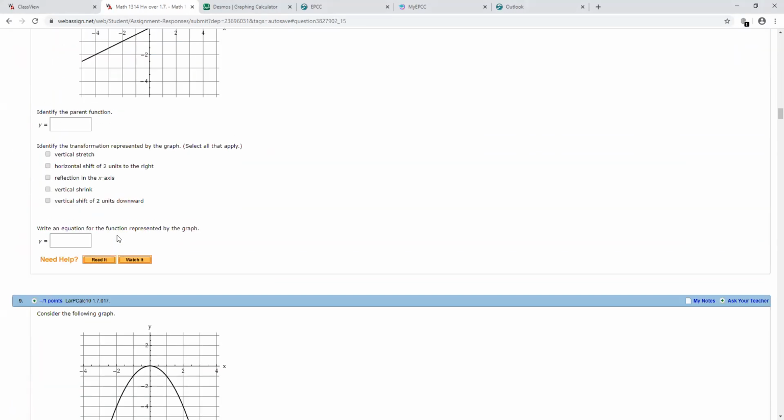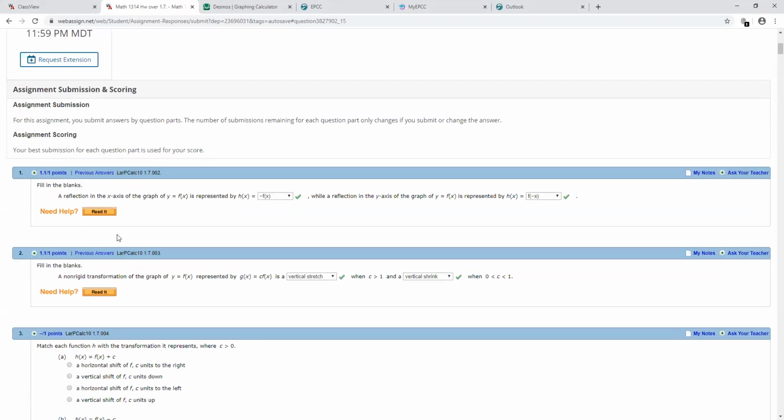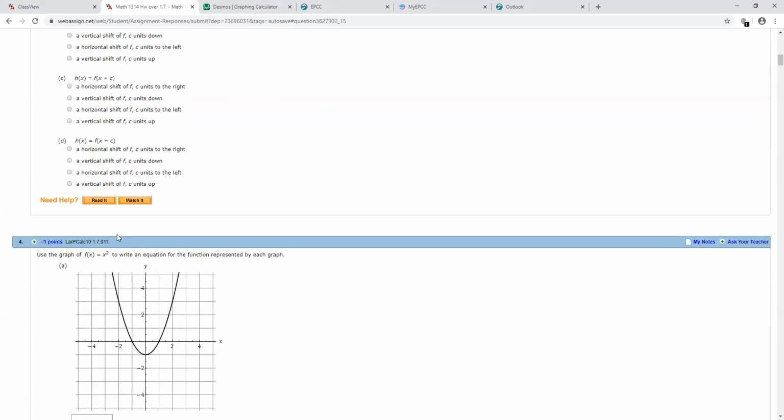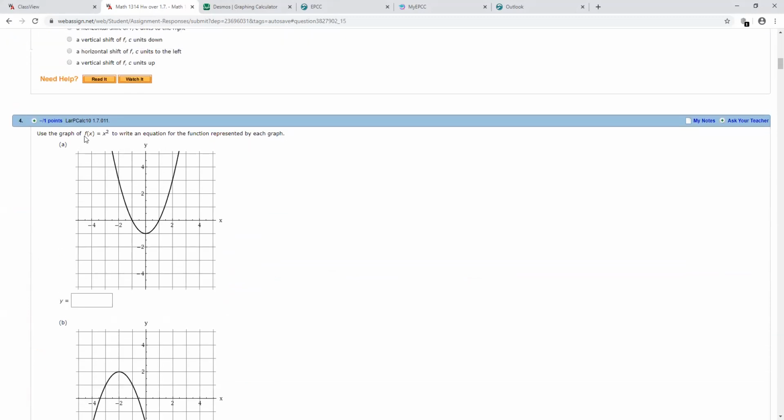Let me just take a better look here. So like this one, ladies, they want you to say, what does this graph right here look like? So this comes from the parabola, the x squared as the base parent function.